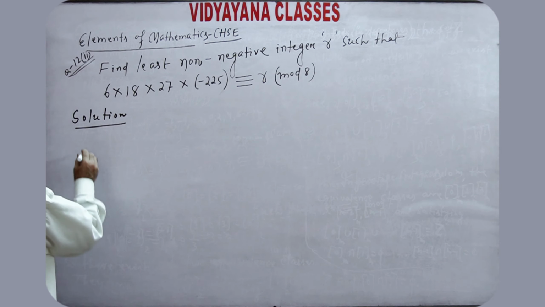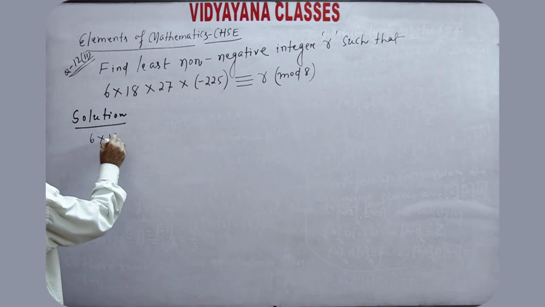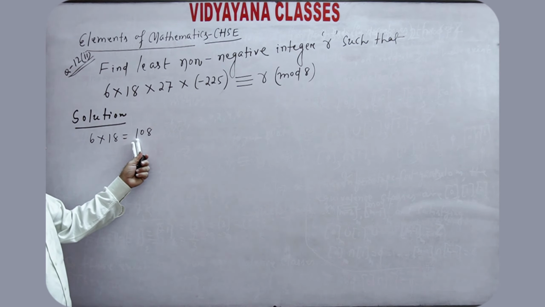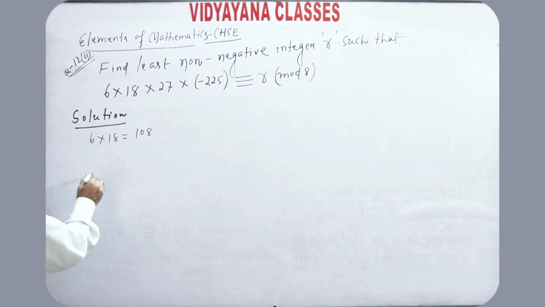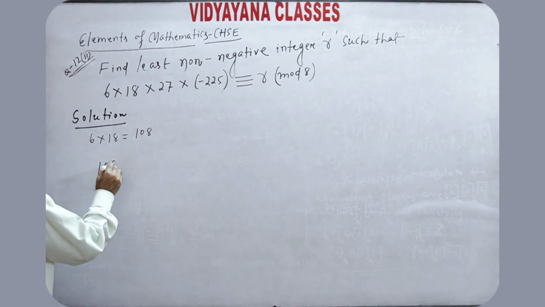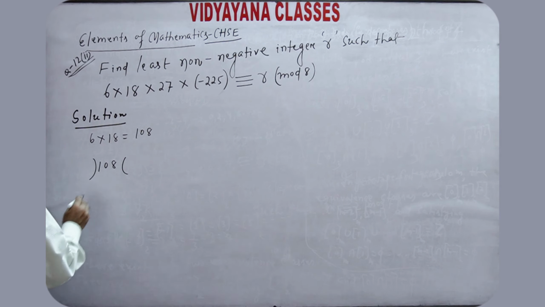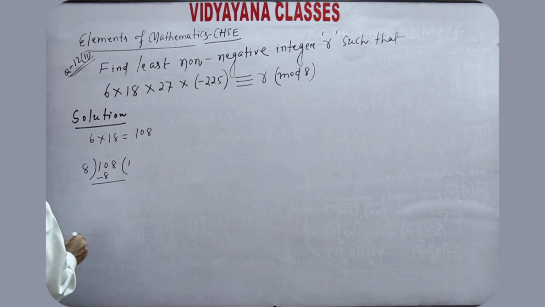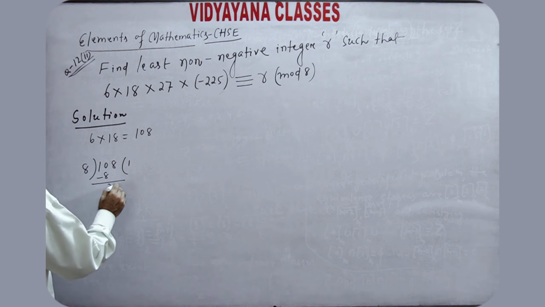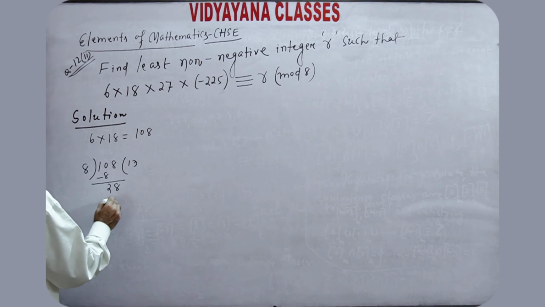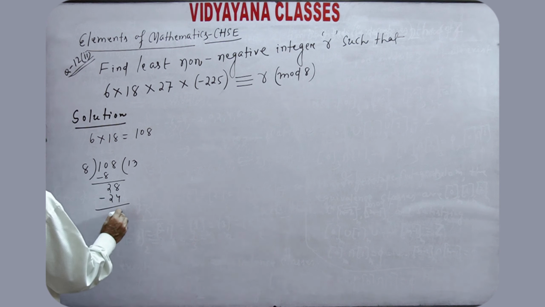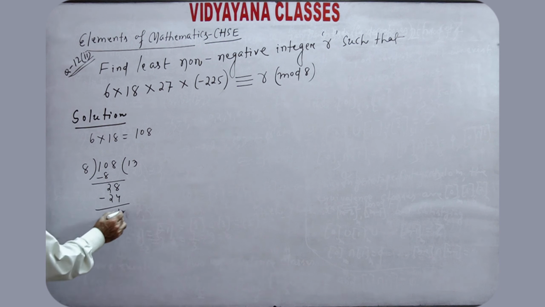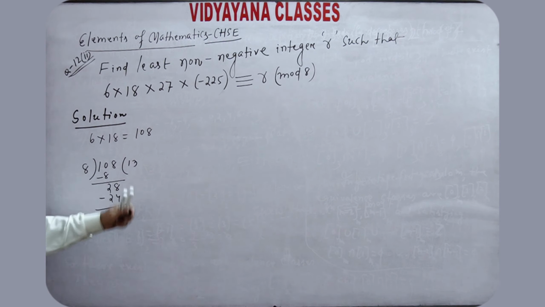Solution: 6 into 18 is equal to 108. Dividing 108 by 8, here the remainder is 4 and the quotient is 3.